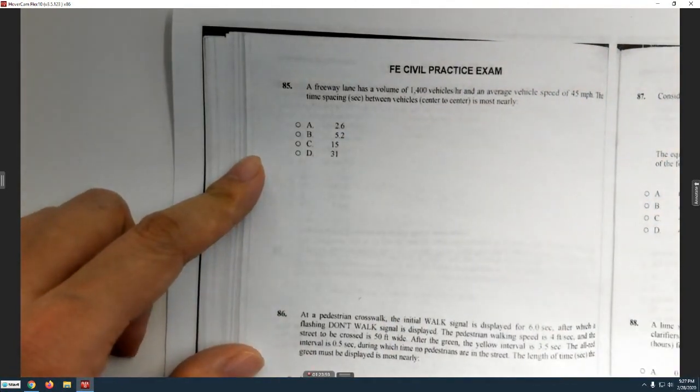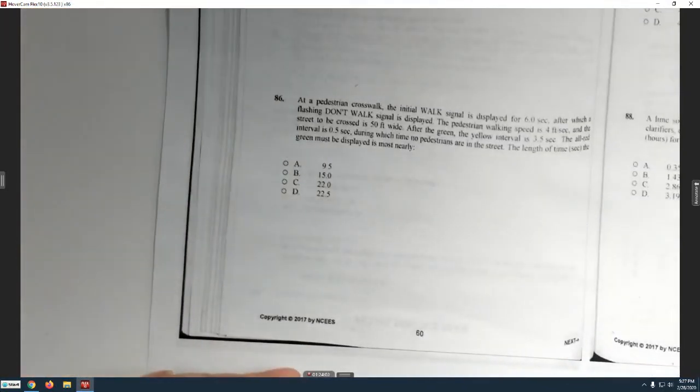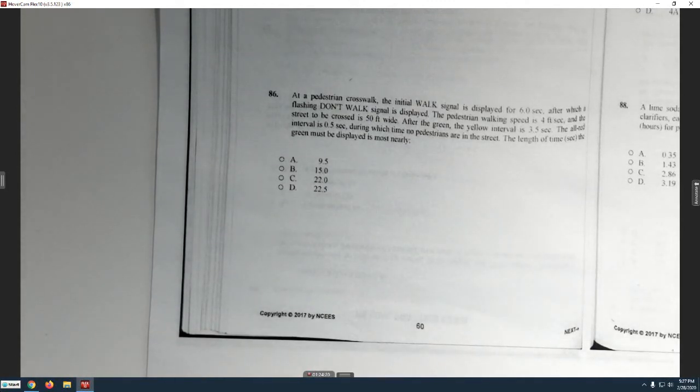86. This one, I think, is also covered somewhere. The walk distance. 86 is the time used to walk.